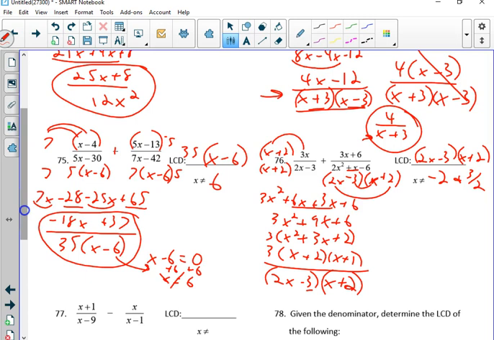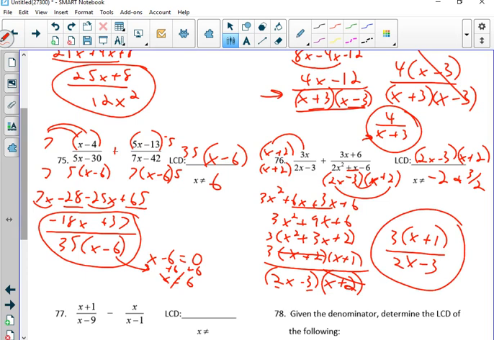Remember, 3 divided by 2. But look what happens. For my final answer, these cancel. So what I'm left with is 3 times x plus 1 over 2x minus 3. That's the most simplified answer. But remember, the excluded value is not based on this fraction, it's based on this one.